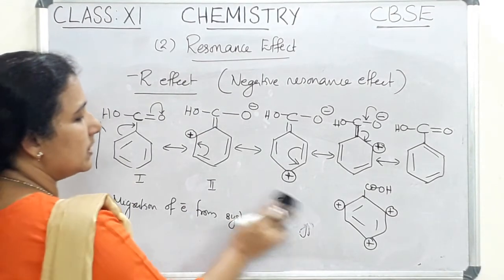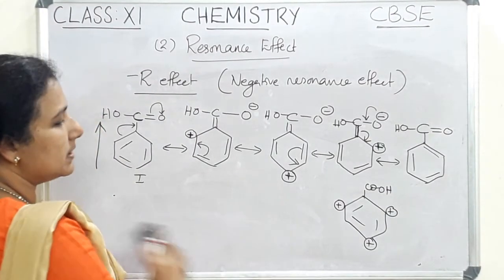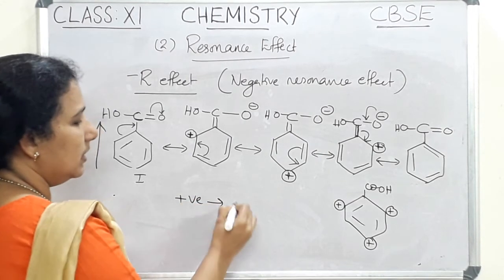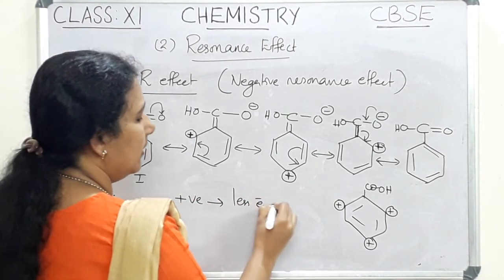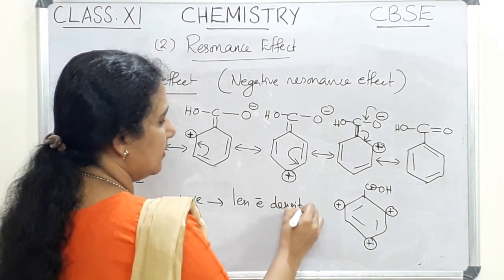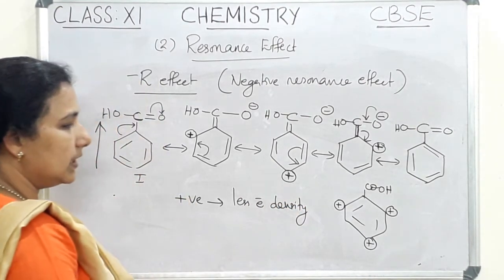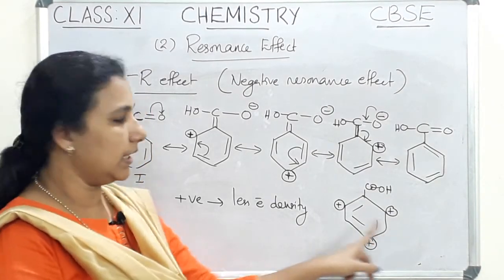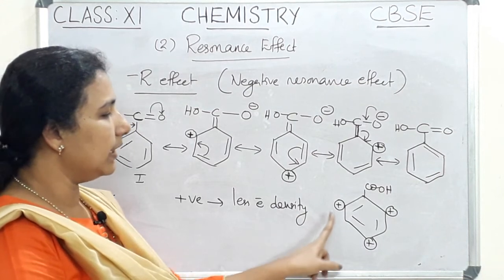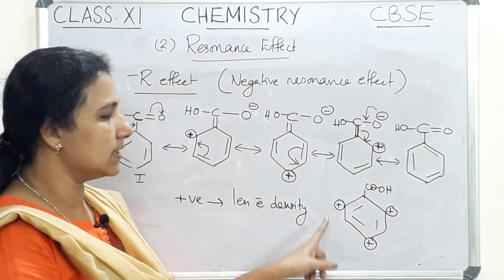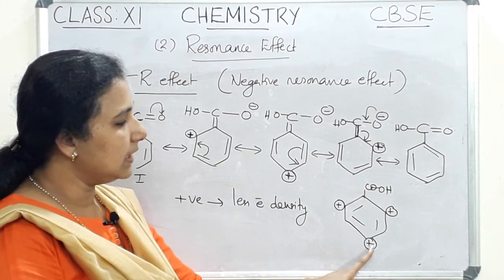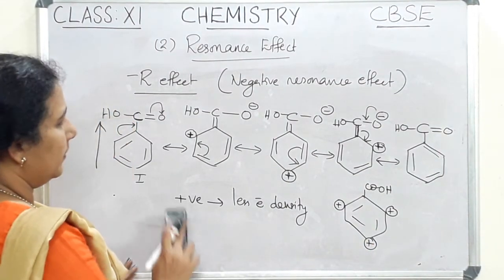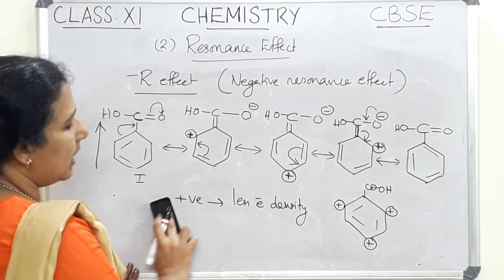That positive charge indicates there is less electron density. In the other case we have seen there is high electron density, but in this case, since it is a positive charge, we can say there is less electron density compared to other positions. So compared to other positions, these positions are less electron dense. So this is about the minus R effect.